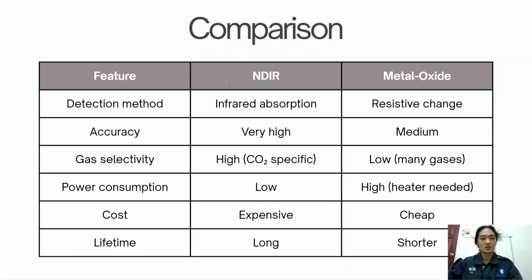Metal oxide sensors operate based on resistance change caused by chemical reactions on the sensor surface. They are low cost and highly sensitive but are affected by temperature, humidity, and long-term drift. The choice of sensor depends on the application requirements.